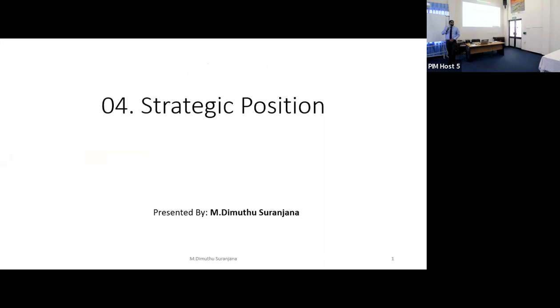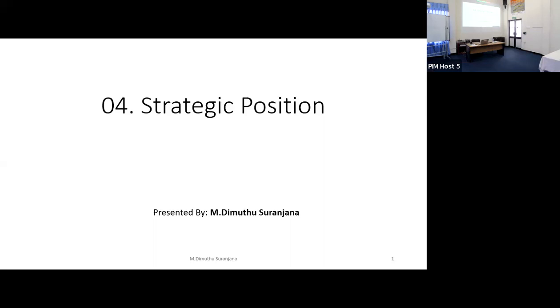Right. Then we are moving to the next topic, strategic positions. Under this particular topic, we are going to look at our internal environment. Here the objective is to evaluate our internal environment.